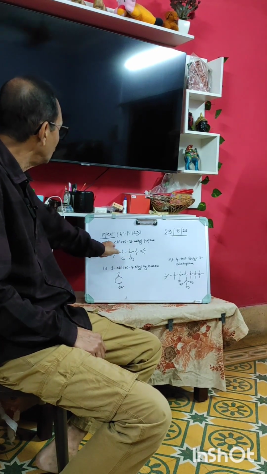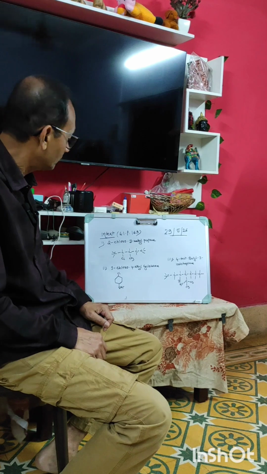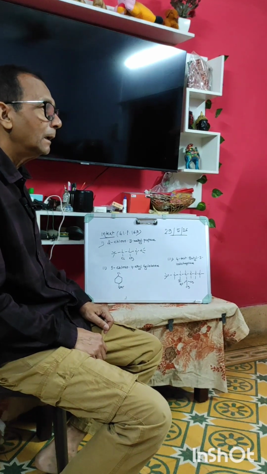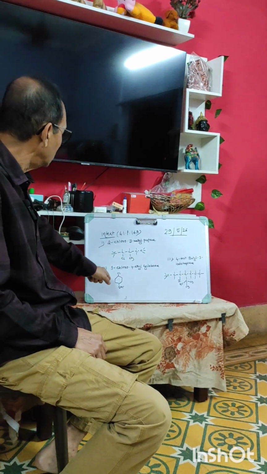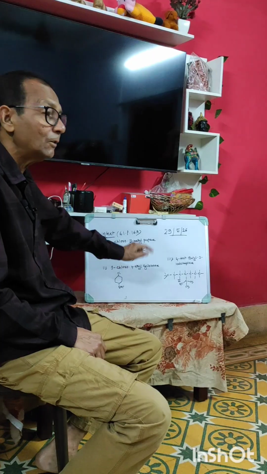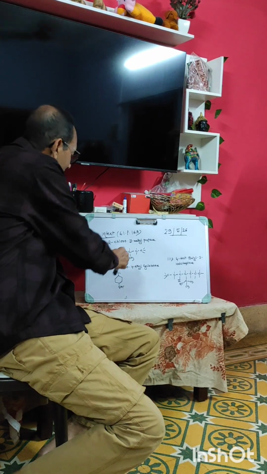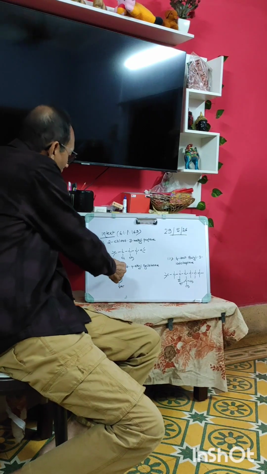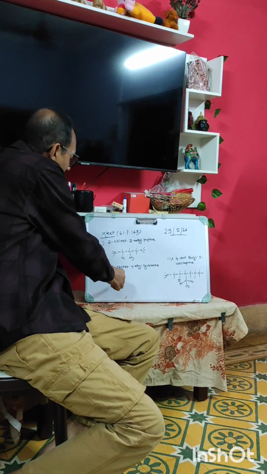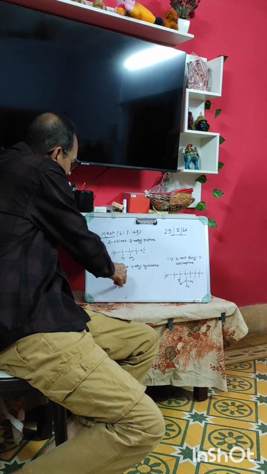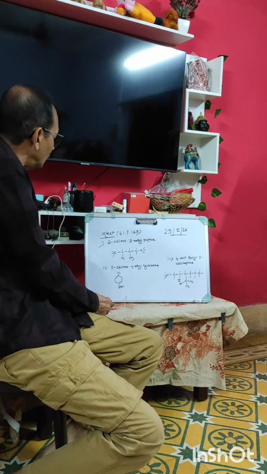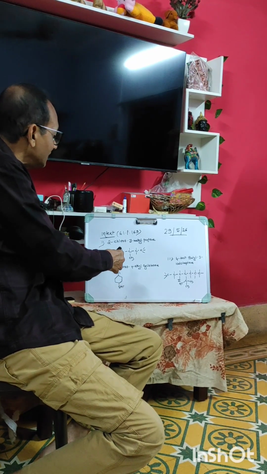Hence you get 2-chloro-3-methylpentane. Number 2: 1-chloro-4-ethylcyclohexane. First you draw a cyclohexane, and at the top position you give one chlorine, and exactly from here at the 4th position you give one ethyl group. So you get 1-chloro-4-ethylcyclohexane.